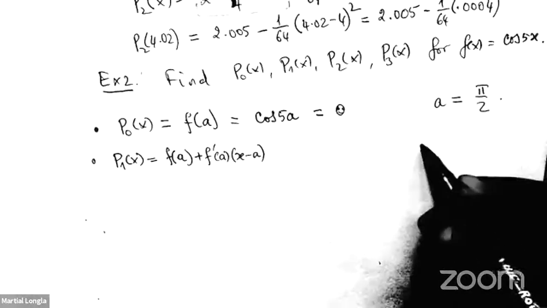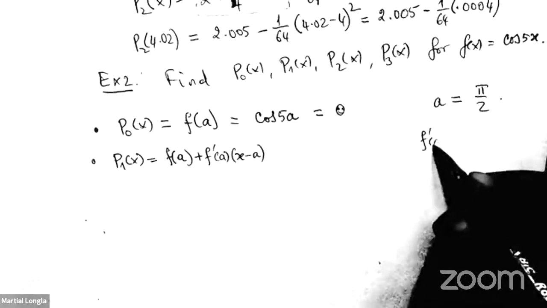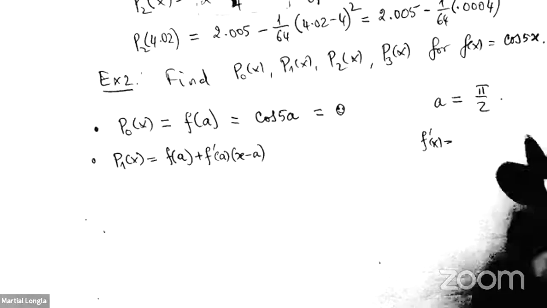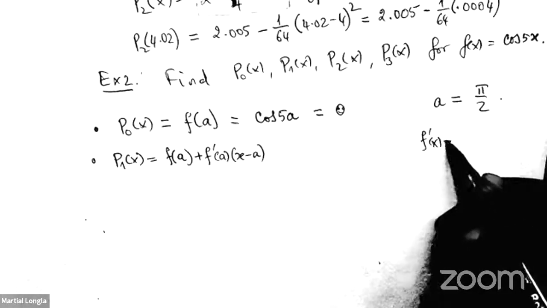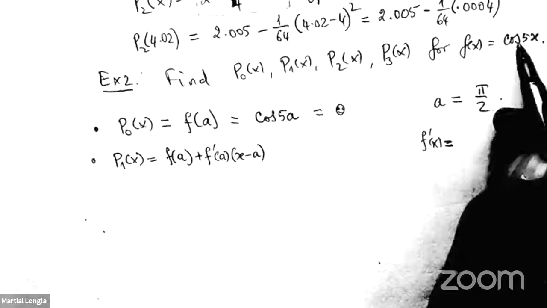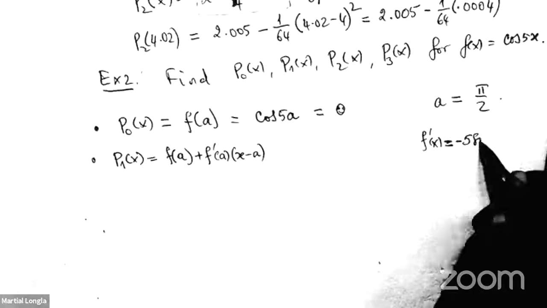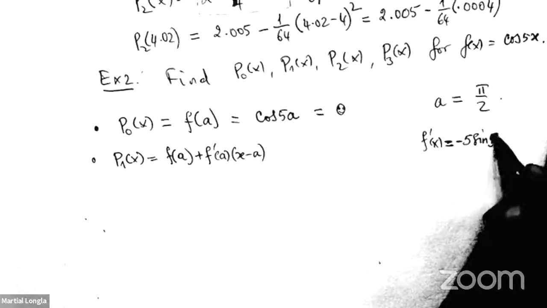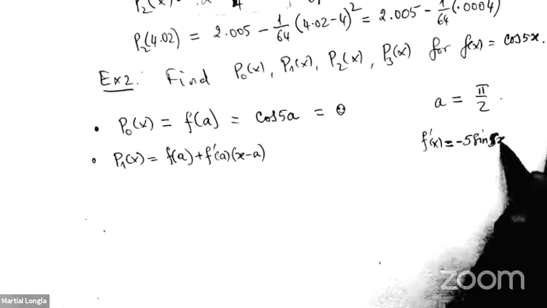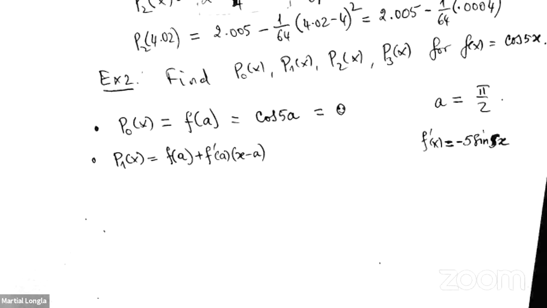What's the derivative of cosine 5x? Negative 5 sine 5x. You can clearly see that what's going to be the problem in this part is if you don't know your derivatives, you're going to be in deep trouble. Derivatives and integrals, both of them.